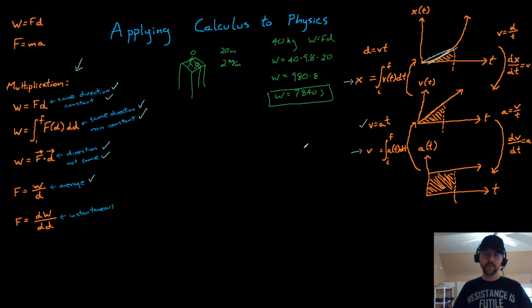This would be the situation where we have this block whose mass, okay, imagine it's a block. There. All right, so imagine that's a block. We have this block whose mass is 40 kilograms, and we raise this block up 20 meters. How much work have we done? That's what we just calculated, 7,840 joules.